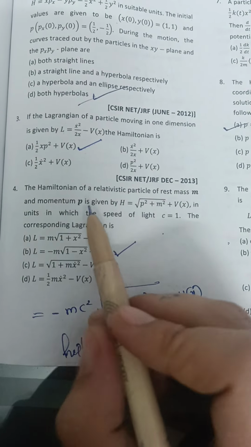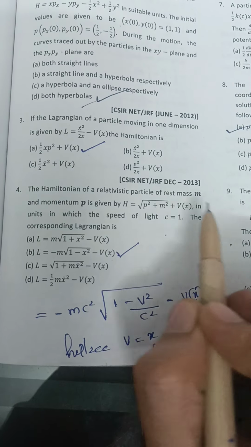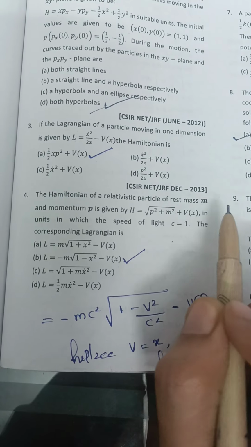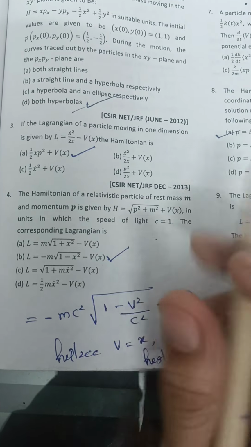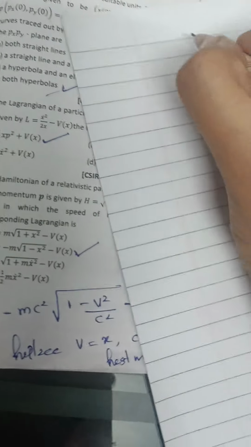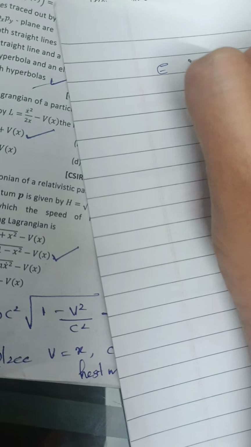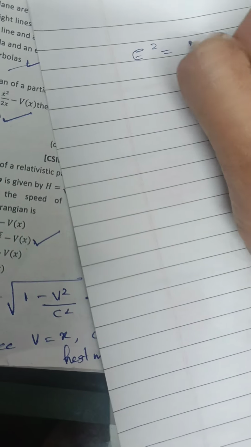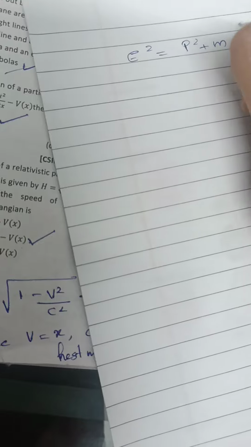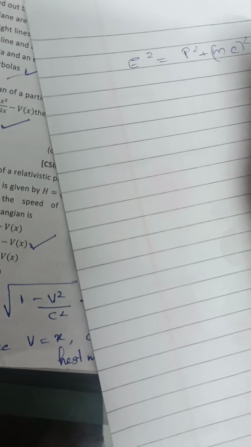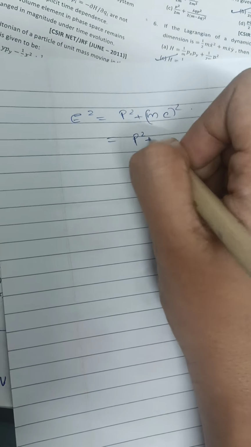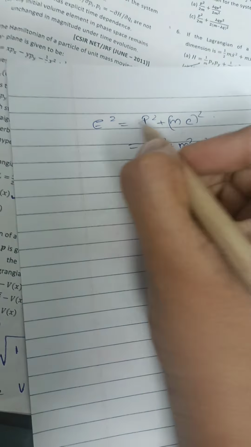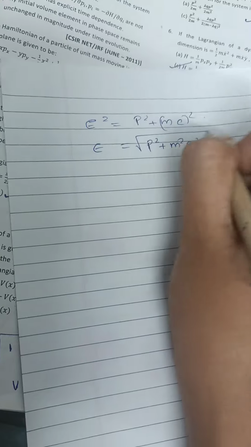So we are given the Hamiltonian of a particle, rest mass m, and its momentum is p. The Hamiltonian is the total energy of the system. So we know that the energy E square is equal to p square plus m square c square. So E will be the root of this.